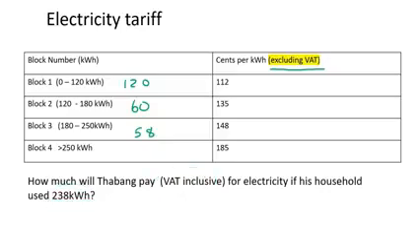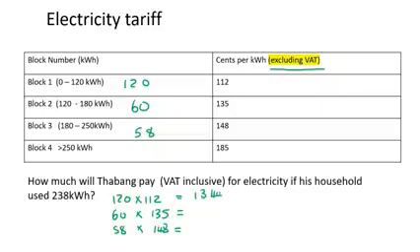And so now we just do the same thing. So it's 120 multiplied by 112, 60 multiplied by 135, and then 58 multiplied by 148. And if we calculate all of that, this once again is 13,440, 8,100, and 8,584.